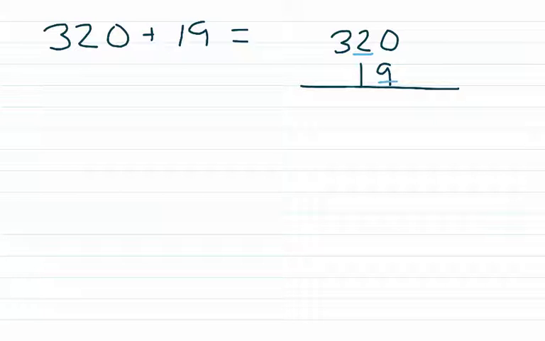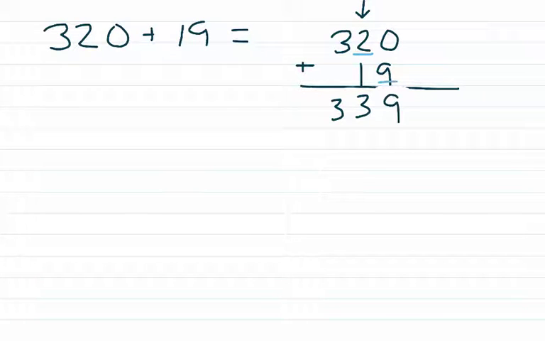Now we can determine which number is least accurate. 320 is less accurate because its last significant figure ends in the tens place, while the last significant figure of 19 ends in the ones place. So now we'll perform our mathematical operation. We will add 320 plus 19, and we get 339.